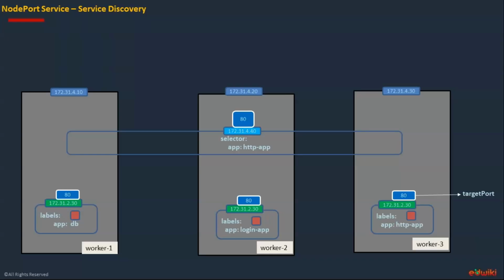This service is going to check the entire cluster. When I say entire cluster, it is going to check worker node 1, worker node 2, worker node 3 also. Wherever it finds the pod with the matching label, yes, that is my pod. Now that service will start delivering the packets to that particular pod only.